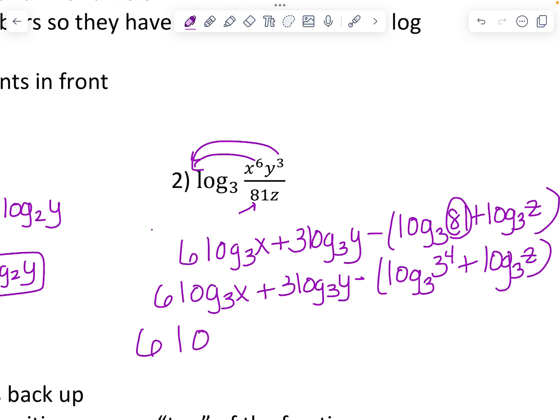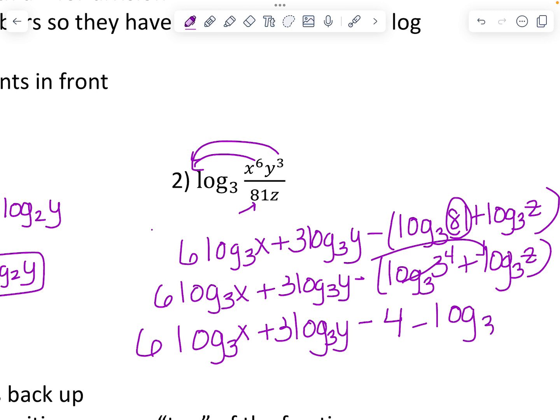So 6 log base 3 of x plus 3 log base 3 of y. Now, minus, this cancels out 4. And then I'll just distribute this, minus log base 3 of z.